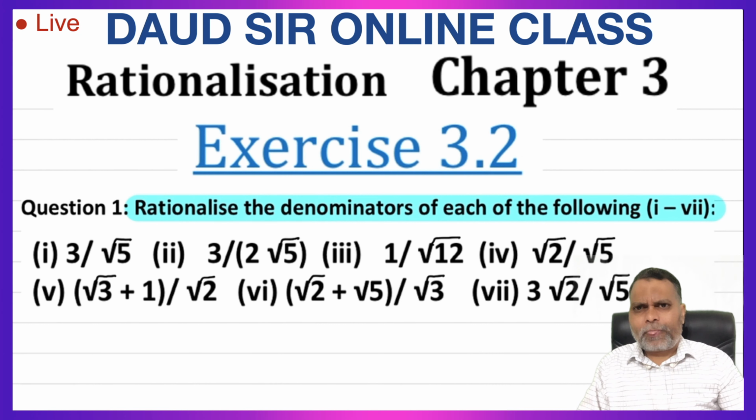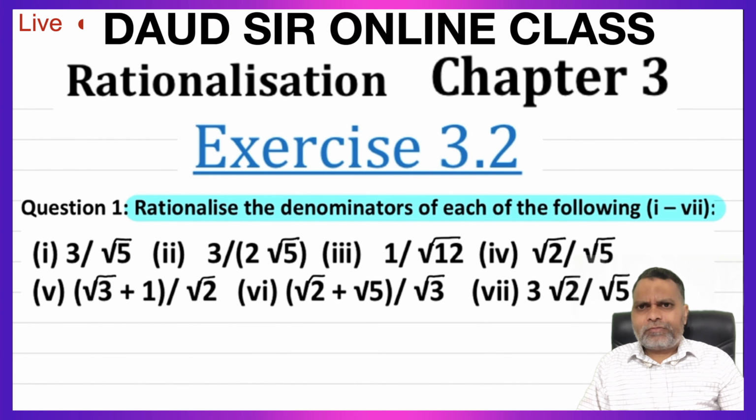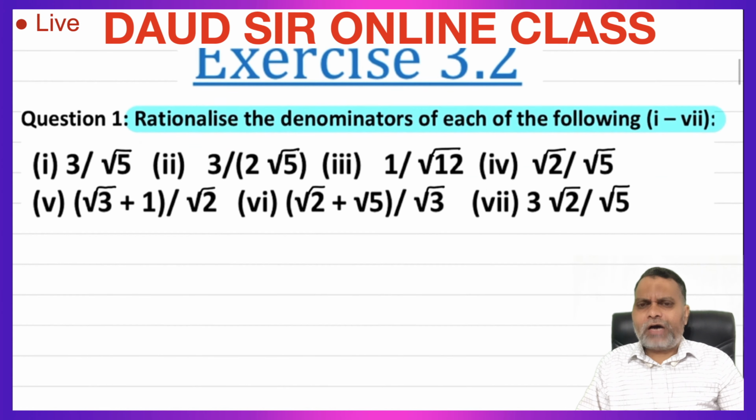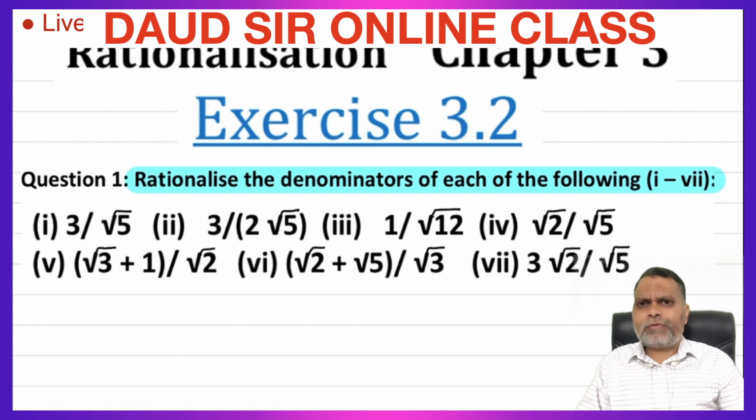If two terms are there in the denominator, we have to change the sign between these two terms. If the sign between the two terms is positive or plus, we will multiply and divide by taking the minus sign. If the sign between two terms is negative, we will multiply and divide by changing the sign, negative to positive or positive to negative.